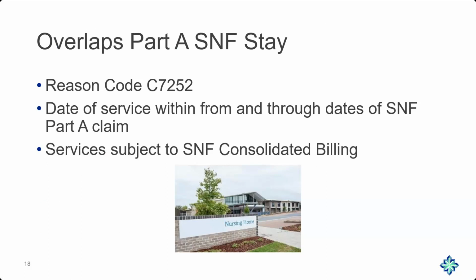This is an outpatient claim that is overlapping an inpatient Part A skilled nursing facility claim. So it's related to skilled nursing facility, or what we call SNF. I think I've already said that once without defining what that acronym is. SNF, skilled nursing facility. So it has to do with consolidated billing.